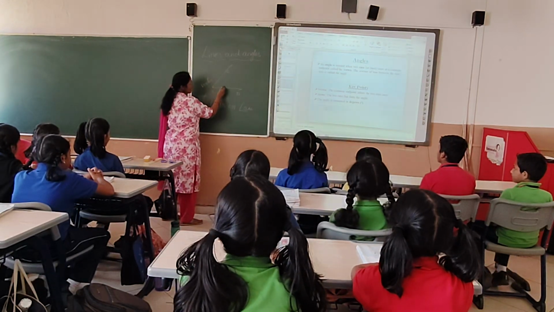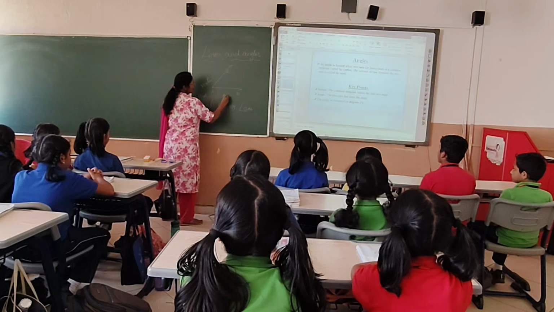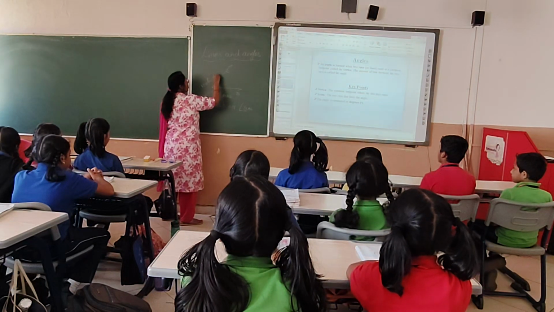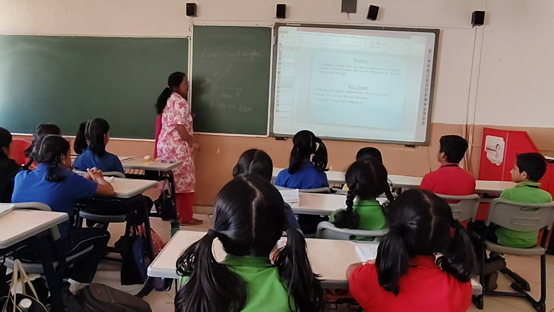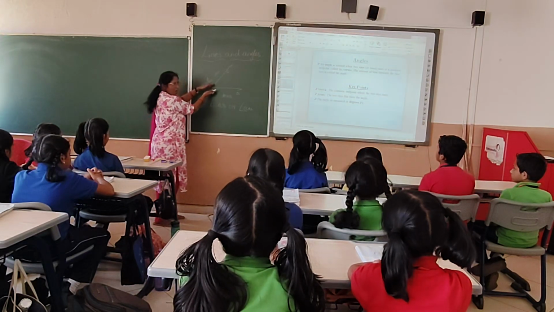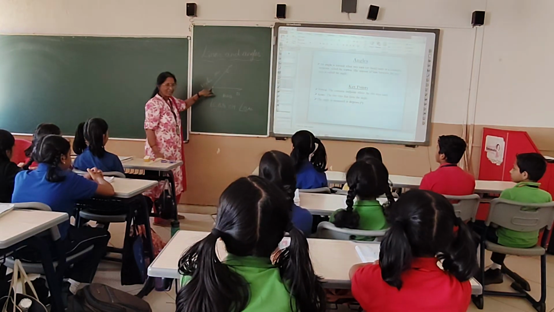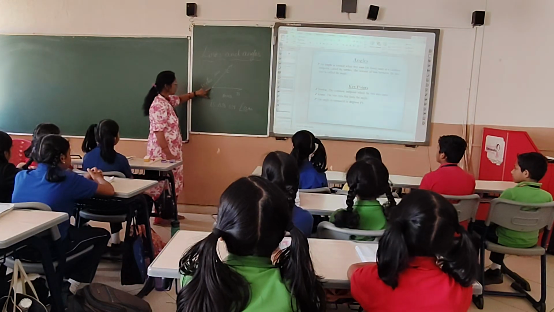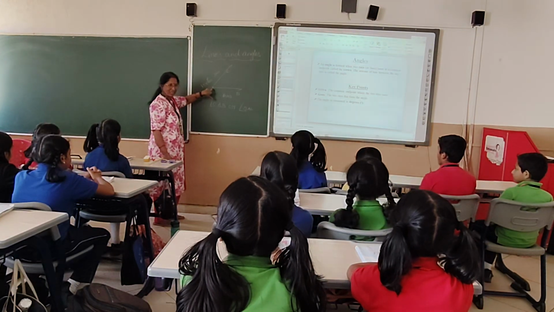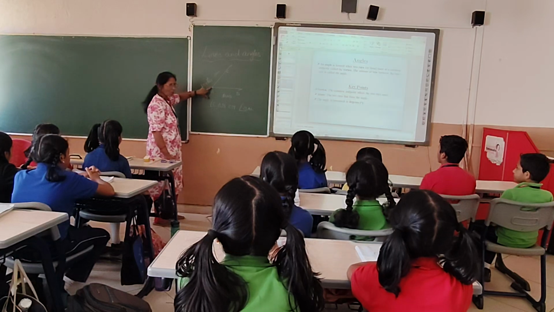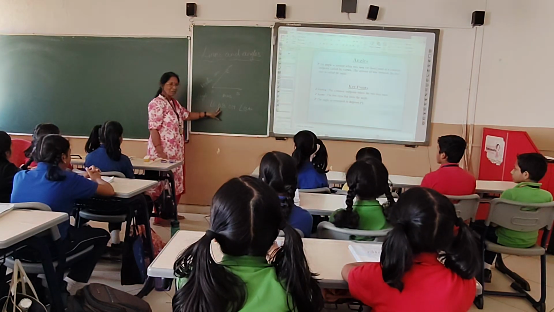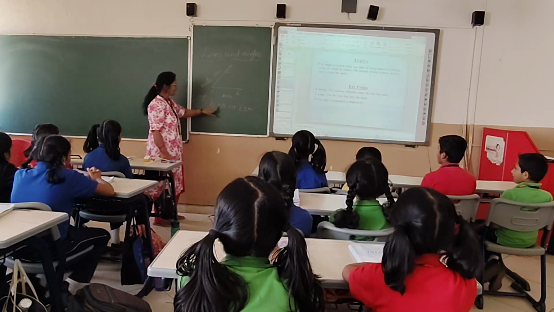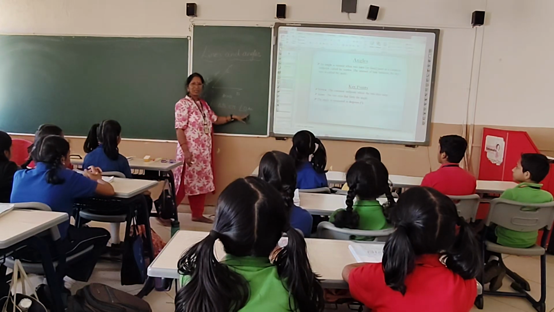And these two rays are called arms. What are they called? Arms. So these two arms form an angle where they meet, called a vertex. So this point will always be in the middle when you are writing angle CAB or angle BAC.